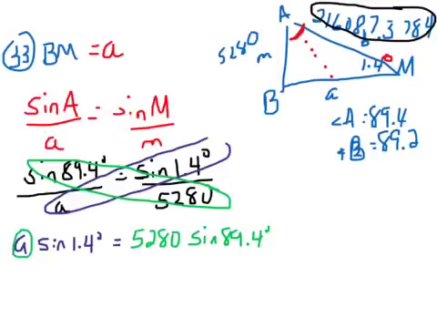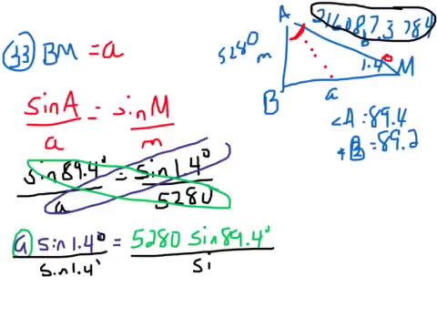Now, if I'm trying to solve for a, I want to divide both sides by sine 1.4 degrees. That's a degree mark there. So I'm going to divide by sine 1.4 degrees on both sides. That cancels out and just leaves me a equal. Then I can type all this in the calculator. I've got two terms in my numerator, so I need to put parentheses around it if I'm going to type all this in at one time.